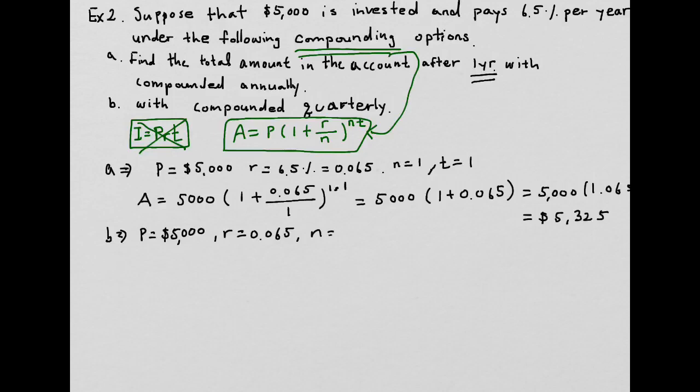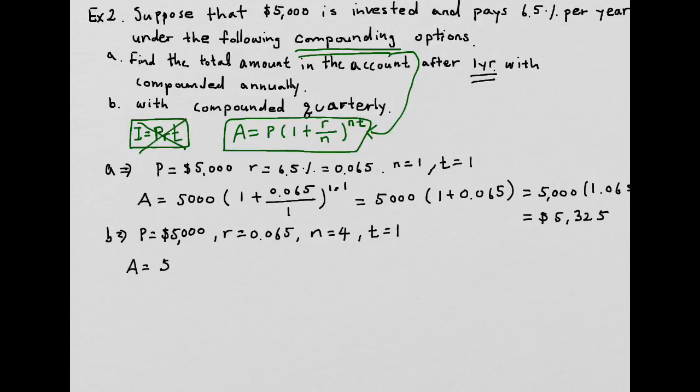Your n is compound quarterly. Compound quarterly means 4 times a year, right? And your T is going to be 1. So all the information is the same except the compounding period. It was 1, now it's 4 times a year, right? So let's see what we get.